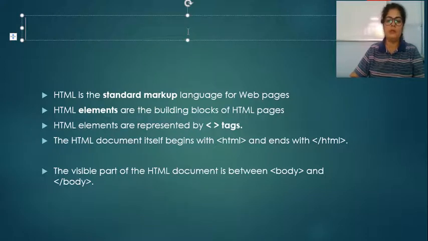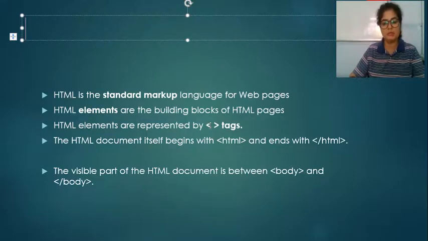Whenever we have to write a tag, we always write it in angular brackets. So I have written here that HTML tags are represented by angular brackets. Now there is one more thing about tags. Whenever we use HTML tags, most are paired tags.